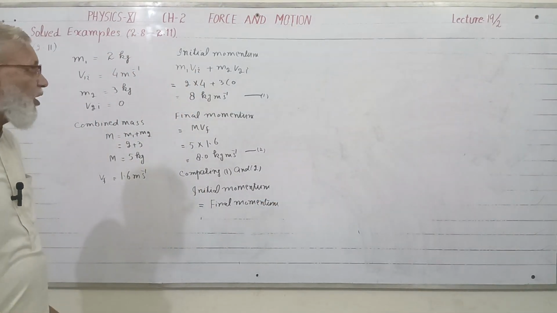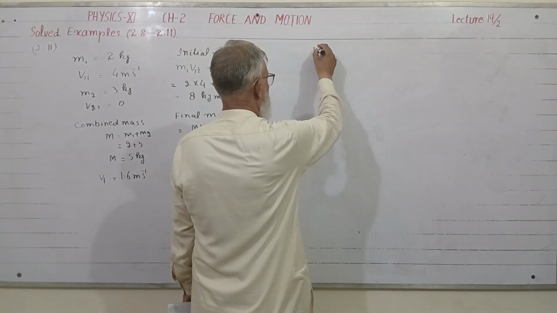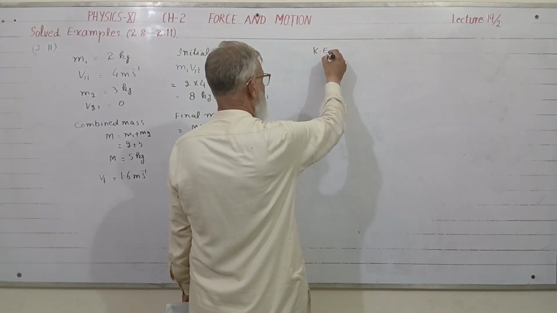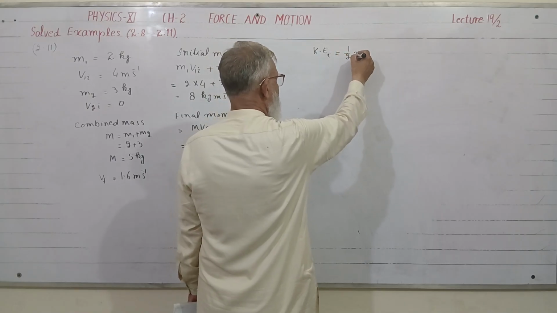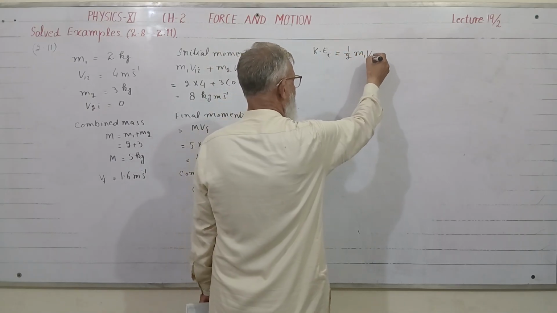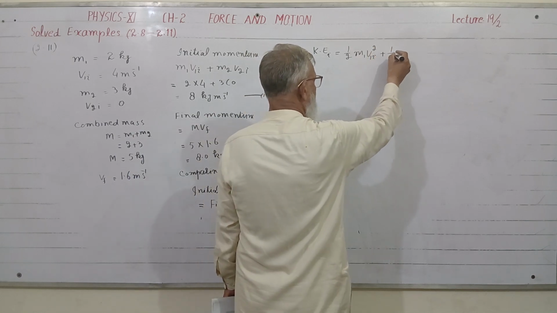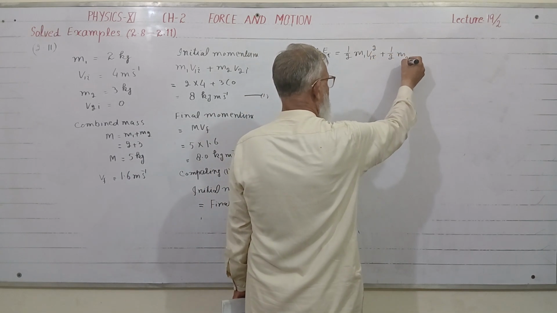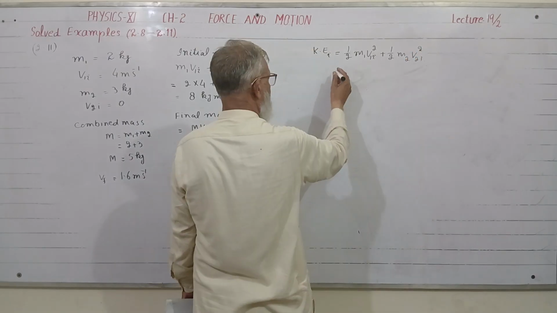Now we come to kinetic energy. Initial kinetic energy is 1/2 m1 v1i square plus 1/2 m2 v2i square.